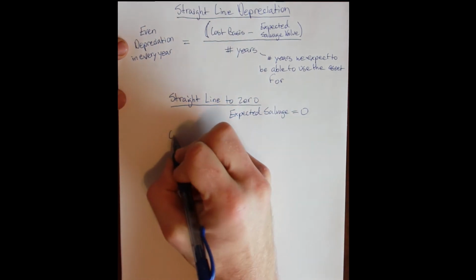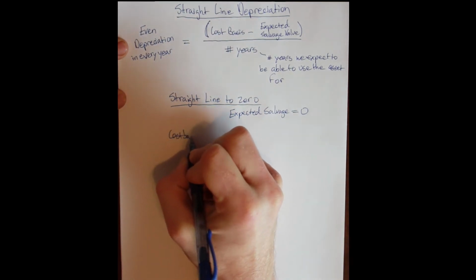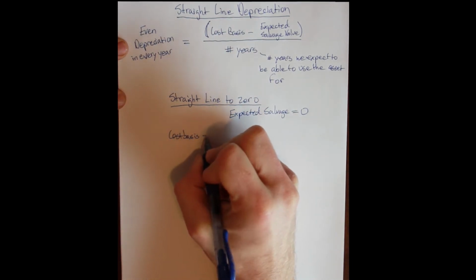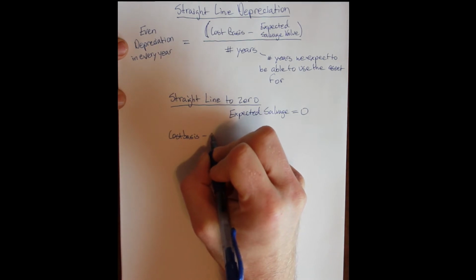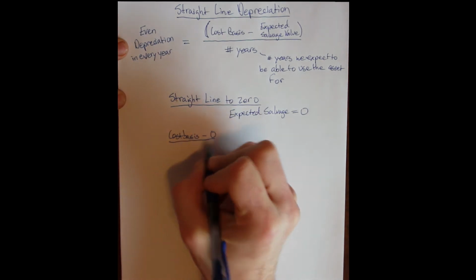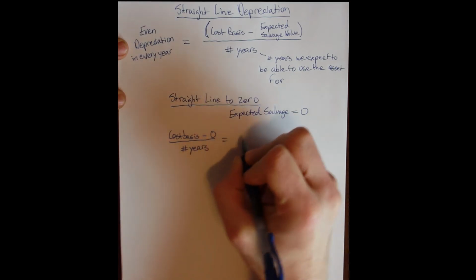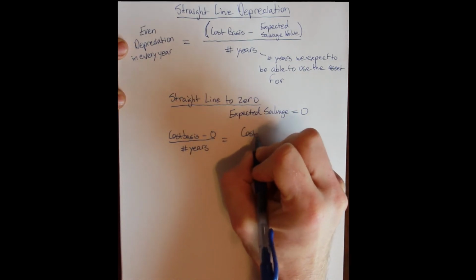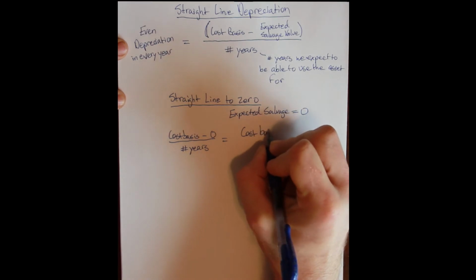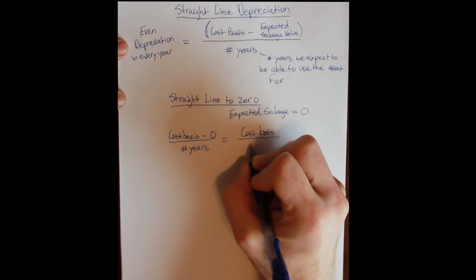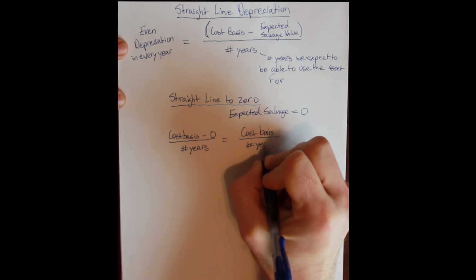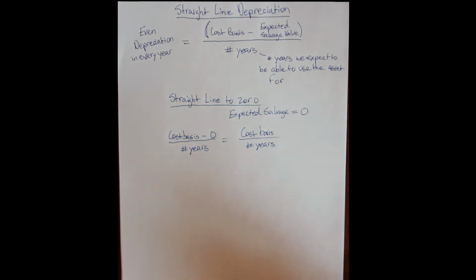And so what that means is the formula collapses. It goes from cost basis minus expected salvage to cost basis minus 0 divided by the number of years, and finally is equivalent to simply the cost of the asset, which is what we originally pay, divided by the number of years we expect to use the asset. And that's straight line depreciation.